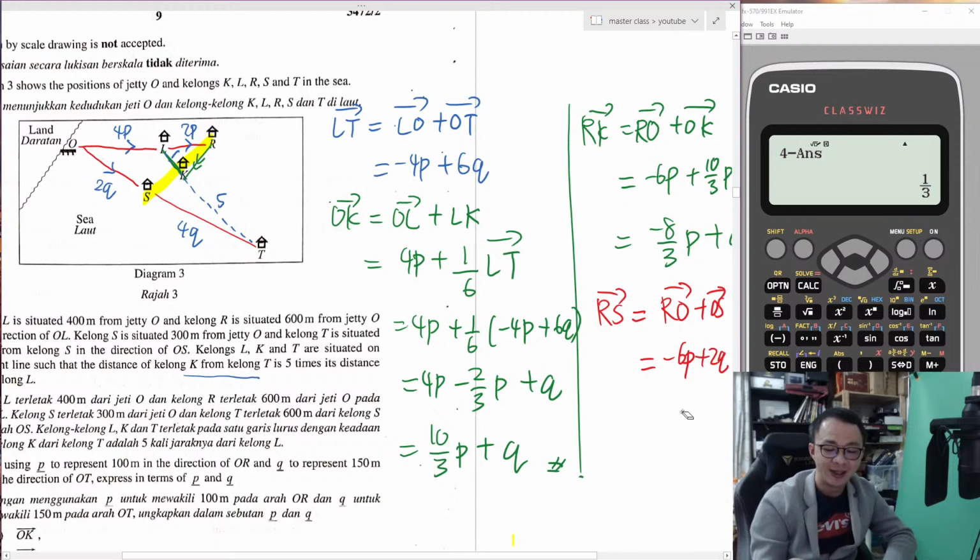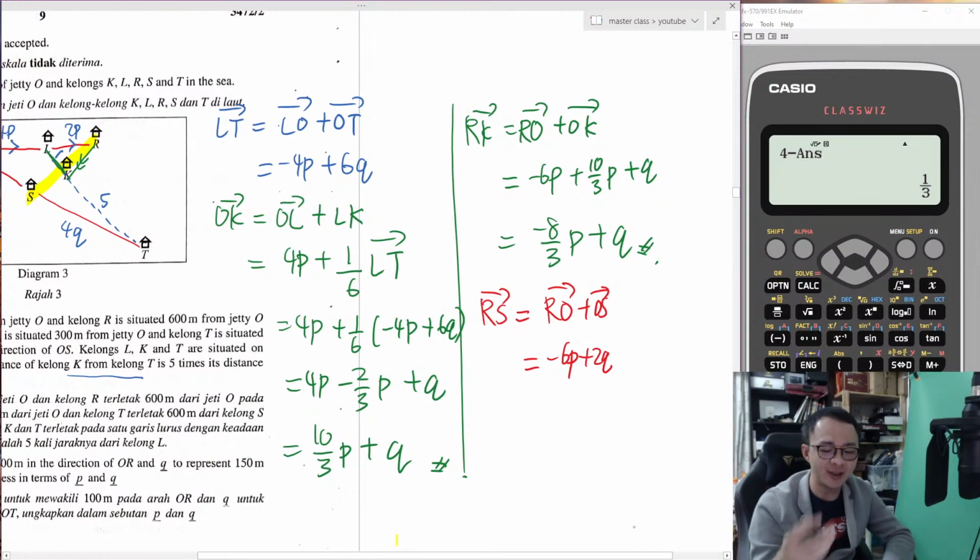Okay, I want to test whether they are a straight line or not. There are a few ways you can test. One thing is I love to use the lambda to do it. So what I will do is I will say RK equals lambda of RS if R, K, S are collinear.